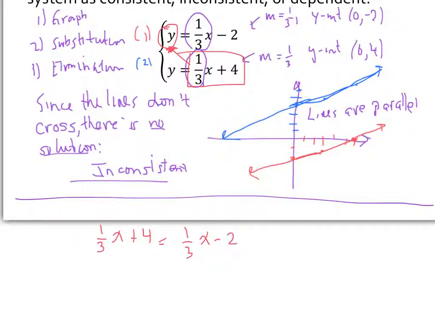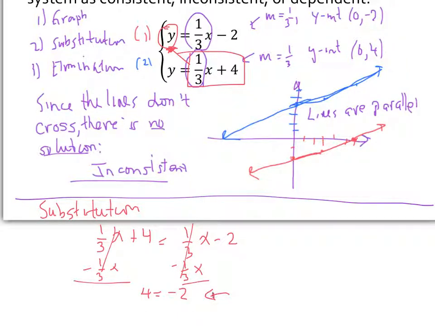Notice that if I subtract 1/3 x from both sides, these cancel, and I'm left with 4 equals -2. If you had done this by substitution, you would get something that looks really strange. Your conclusion should be the same: no solution. And if you say no solution, that means inconsistent.